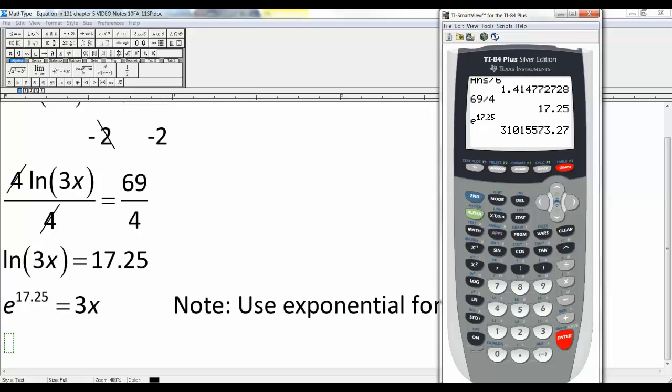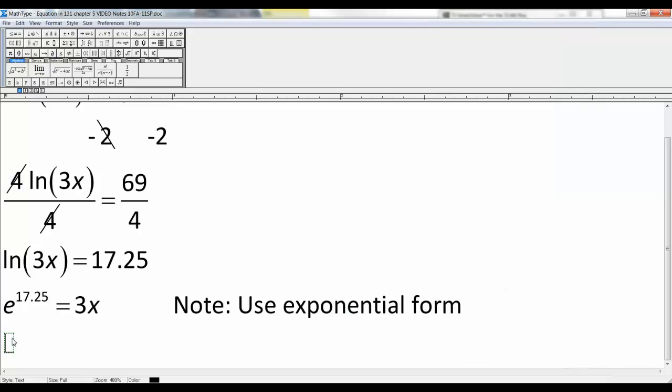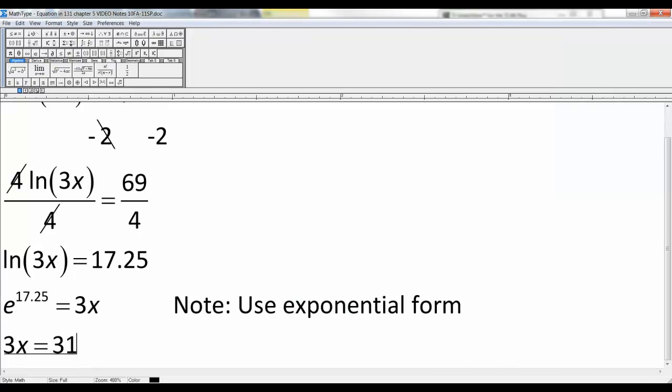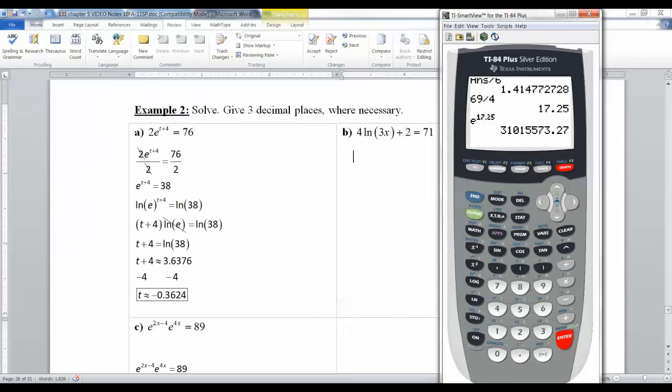There, it's that big hunk of number. So I'm going to rewrite this, 3x equals, and then what was that number again? Because that was huge, 31015573.27.